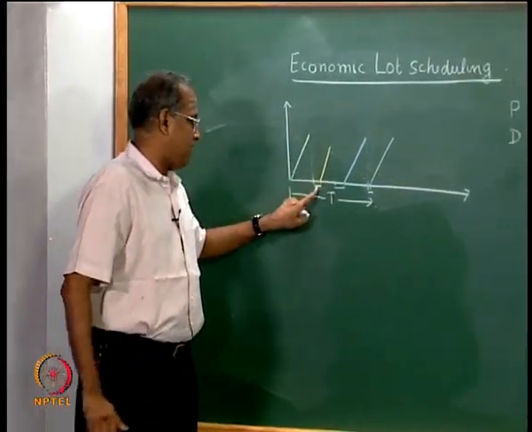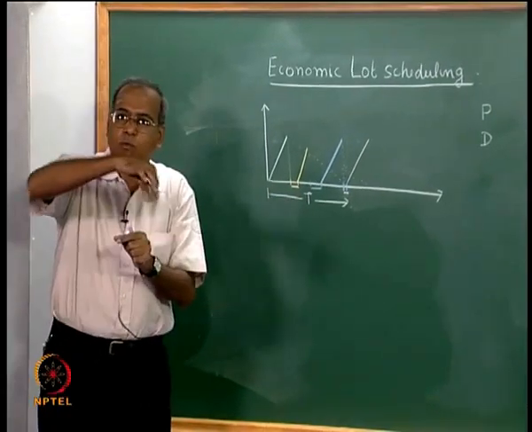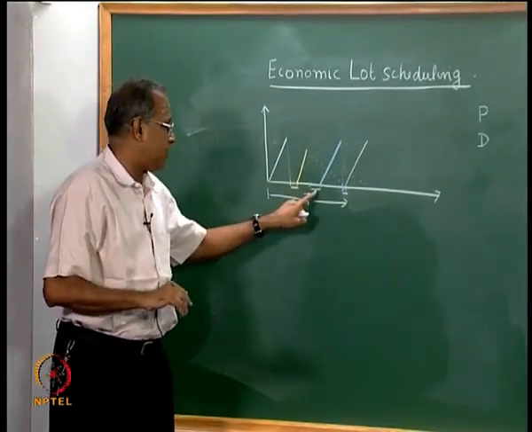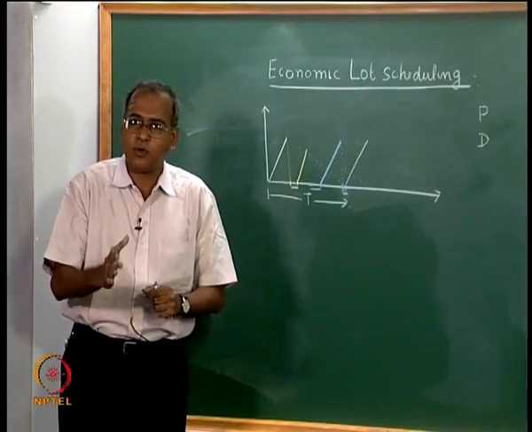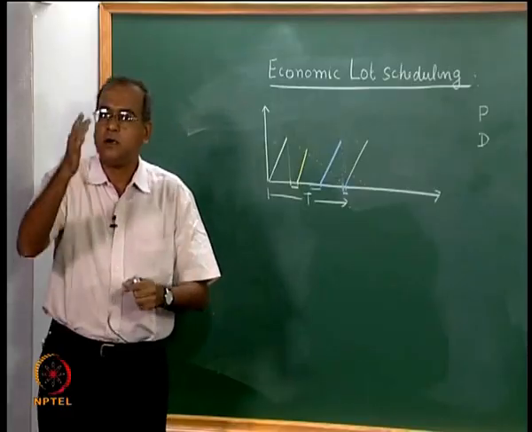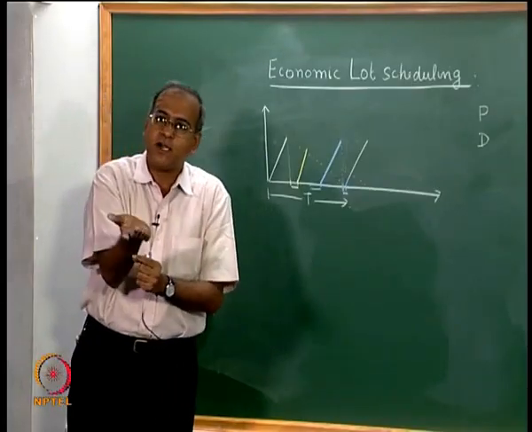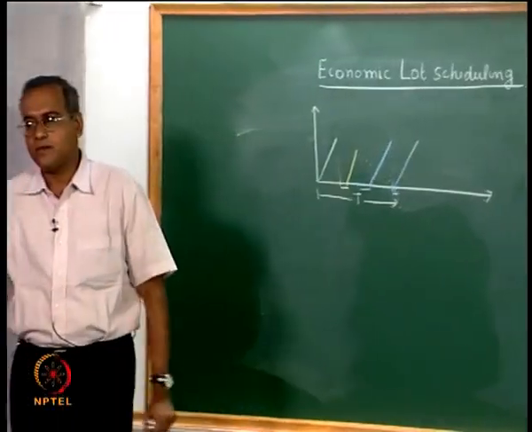This is not defined as changeover between white and yellow. This is not defined as changeover between yellow and blue. It is defined as changeover to yellow, changeover to blue, irrespective of what the earlier product is.